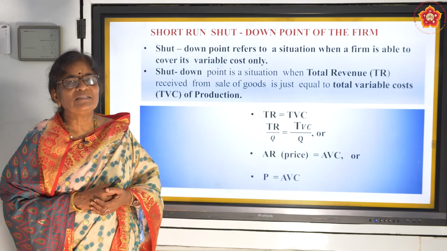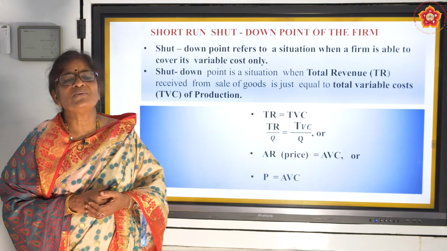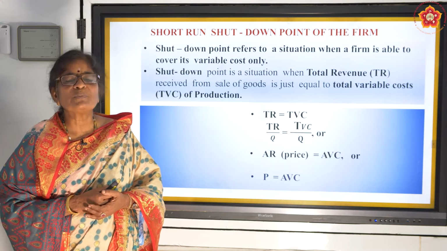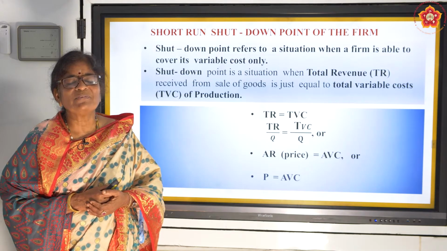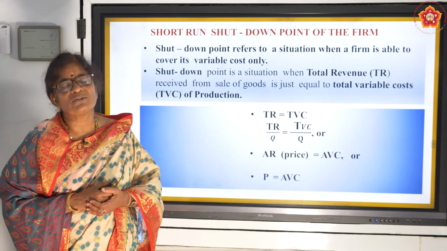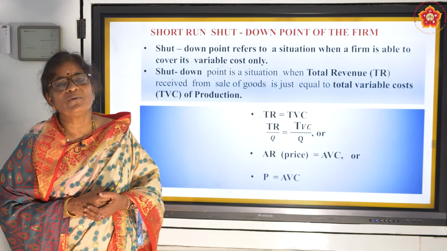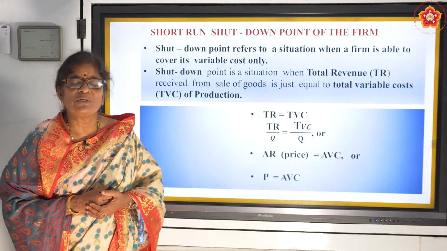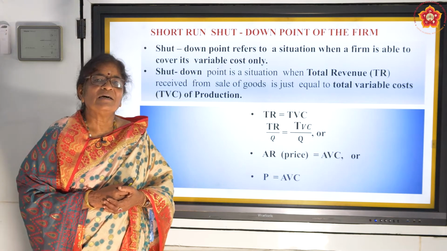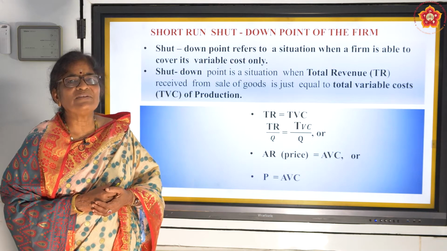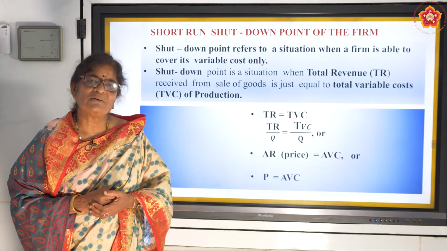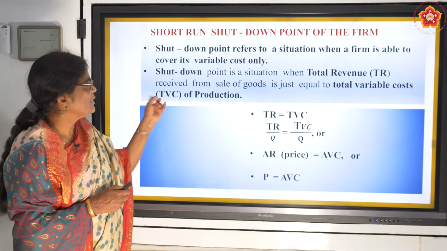That means the revenue of the firm from the sale of output will be equal to the average variable cost incurred by the firm for the production of the commodity. Therefore, at the shutdown point, the price will be equal to the average variable cost. That is what is written here.